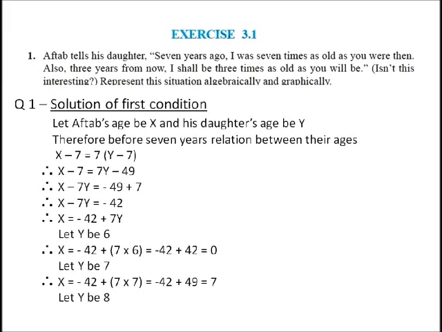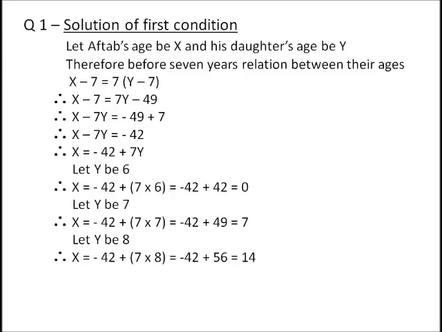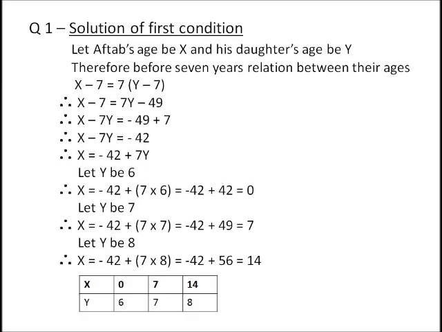Now taking the value of y equal to 8, we get x is equal to minus 42 plus within brackets 7 into 8, which is equal to minus 42 plus 56, because 7 eights are 56. Now the difference of minus 42 plus 56 is equal to 14.